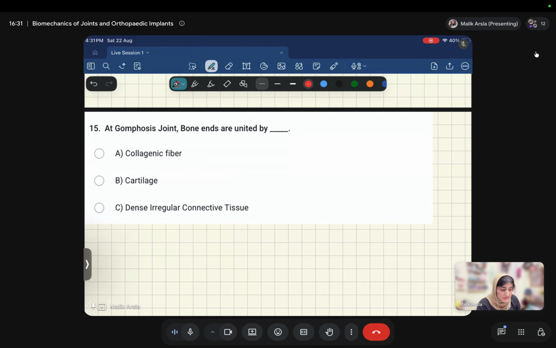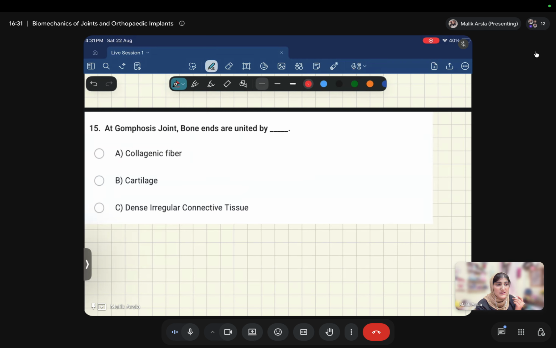Because gomphosis is a specialized fibrous joint, and its prime example is the tooth in our mouth. The tooth is connected to the surrounding socket with the help of the periodontal ligament, which is rich in collagen fibers.